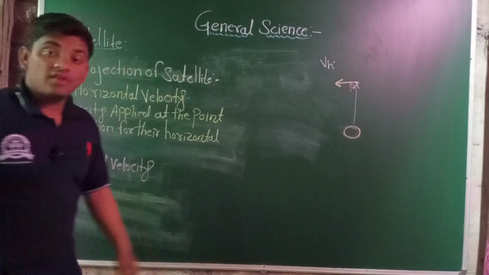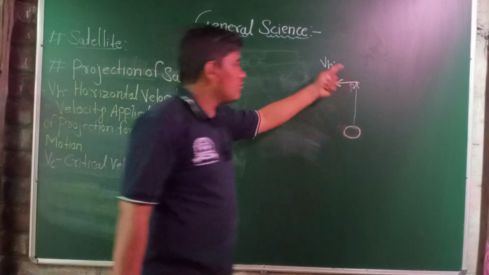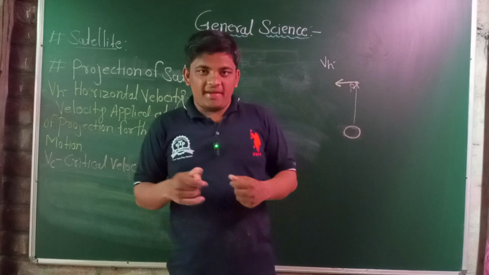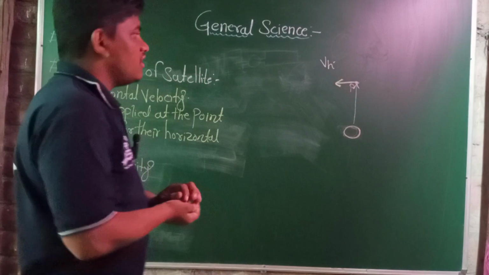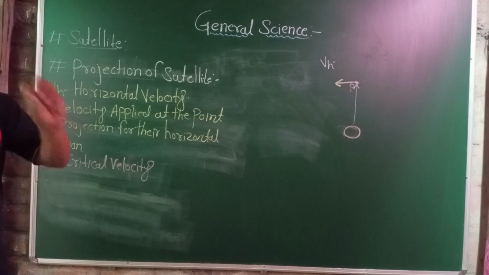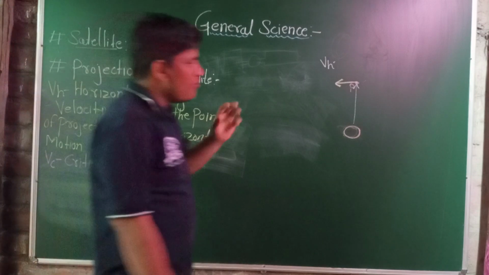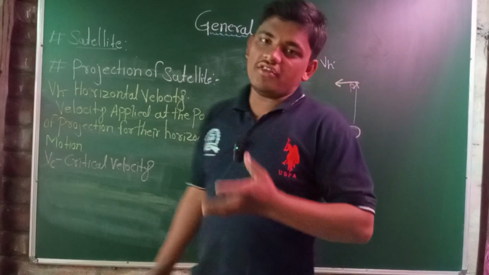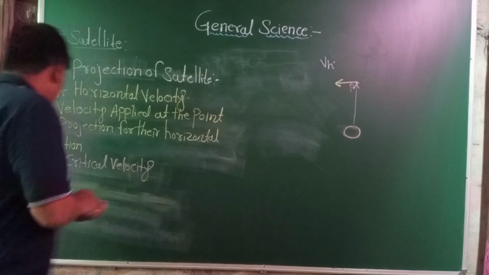It is the velocity required to revolve a satellite along the circular orbit around the earth. This is called the critical velocity.